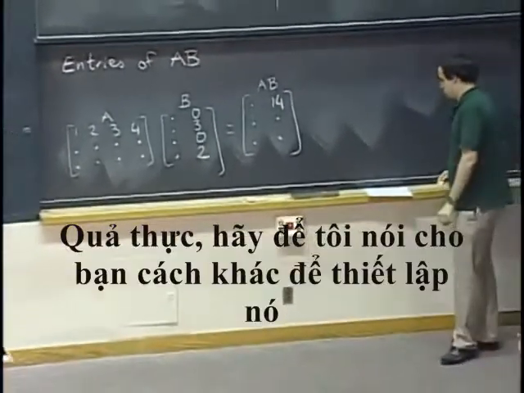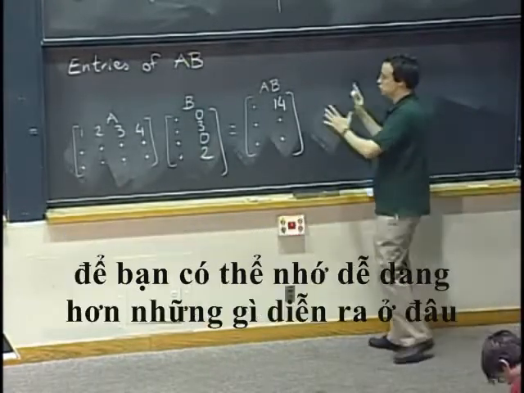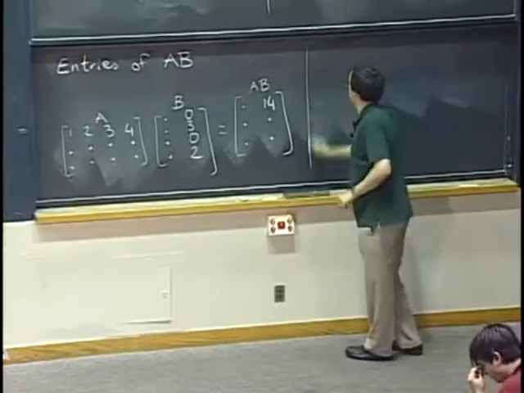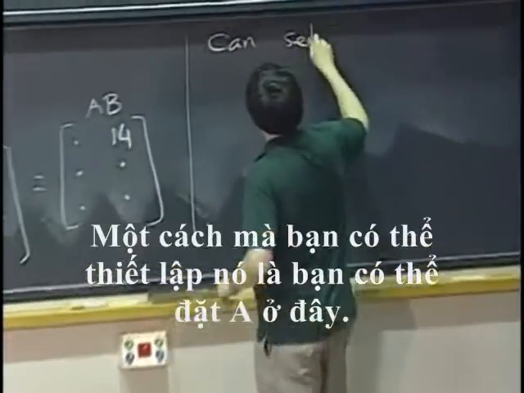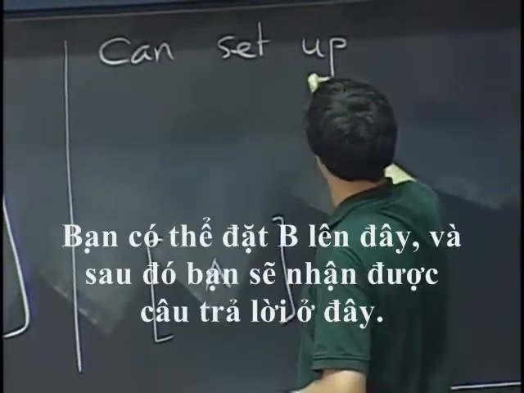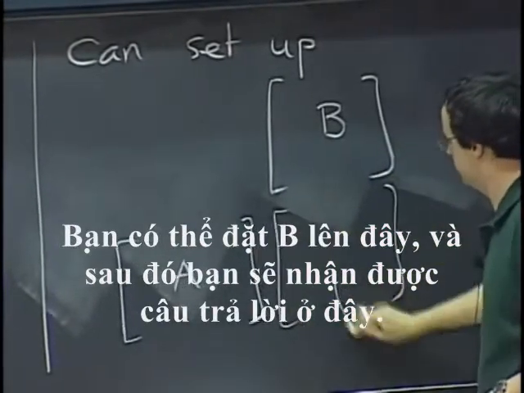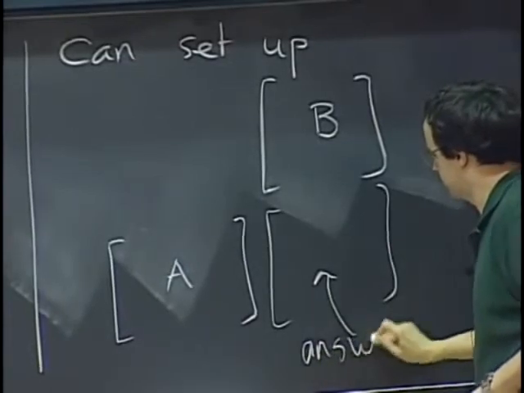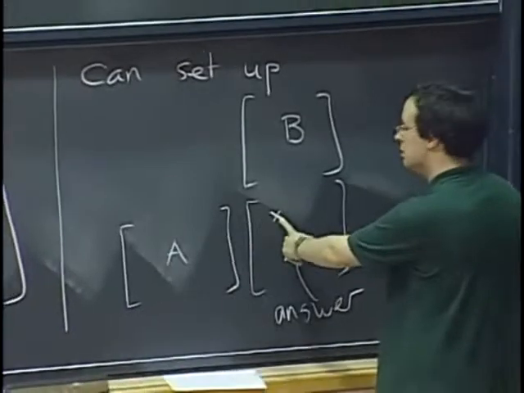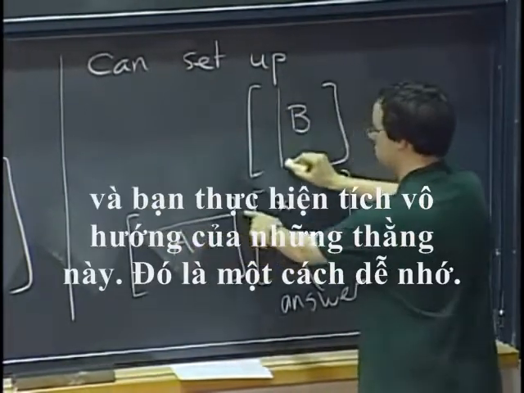Okay? In fact, let me tell you about another way to set it up so that you remember more easily what goes where. One way that you can set it up is you can put A here, you can put B up here, and then you will get the answer here. If you want to find what goes in a given slot here, then you just look to its left, and you look above it, and you do the dot product between these.